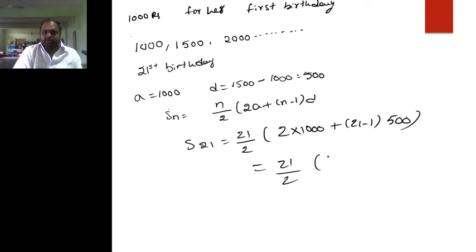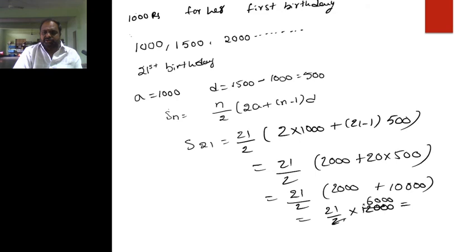That is equal to 21 by 2 into 2,000 plus 2 into 5, 10, 3 zeros, which is 21 by 2 into 12,000. 2 sixes are 12, so 6 into 21, 3 zeros. 6 ones are 6, 6 twos are 12, so 1 lakh 26,000 rupees.